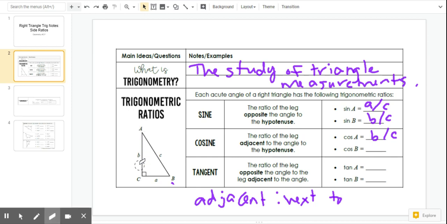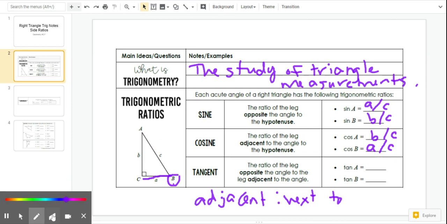For angle B right here, cosine of B is the adjacent leg, which is A, because that's next to B. So it's A over C. The cosine of A is B over C. Cosine of B is A over C.